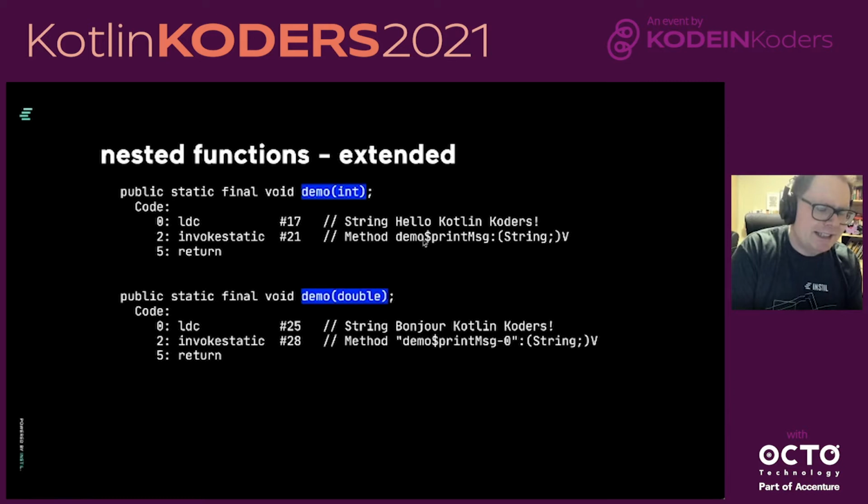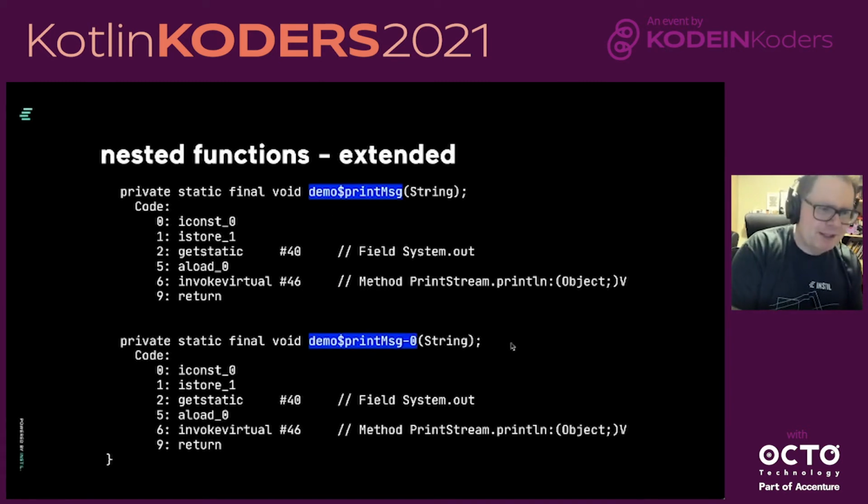And then you can see inside there, we've got demo$printMessage, and then we've got demo$printMessage-0. So it's simpler than we thought. The first inner function called print message, it's just print message. The second inner function called print message, it's going to be print message-0 and so on. So it's done in the simplest possible way, but whenever it comes to performance and so on, well, simplicity is a good thing.